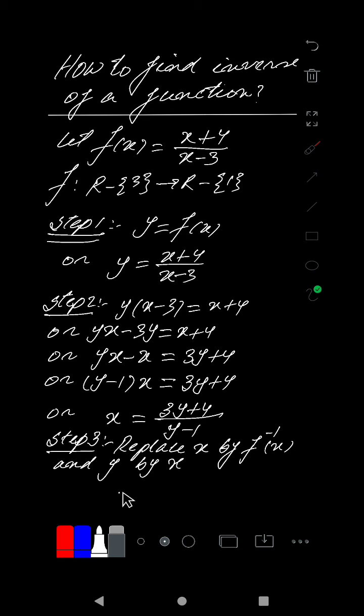So we get f inverse x is equal to 3x plus 4 upon x minus 1. So this is the required inverse of the given function x plus 4 upon x minus 3. So if f(x) is equal to x plus 4 upon x minus 3, its inverse is 3x plus 4 upon x minus 1.